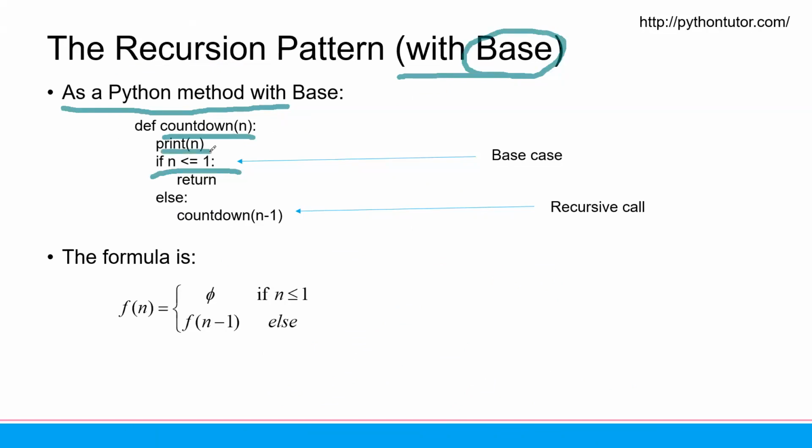I would like to print n, and if n is less than or equal to 1, return, or stop. If not, countdown n minus 1. So let's say I put n equals 3.